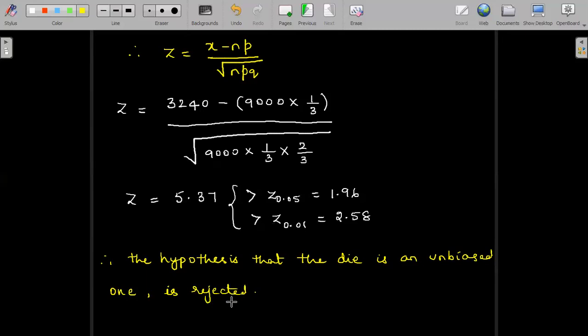We are rejecting the hypothesis. So this is one and the same as saying the die is biased. So this was another simple problem with respect to die.